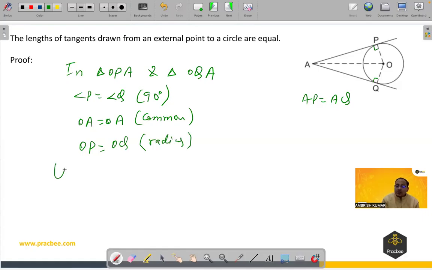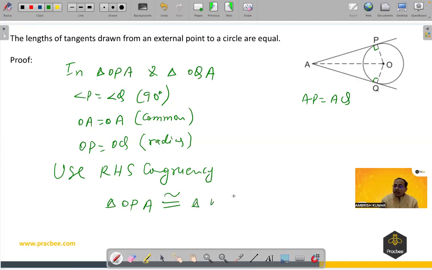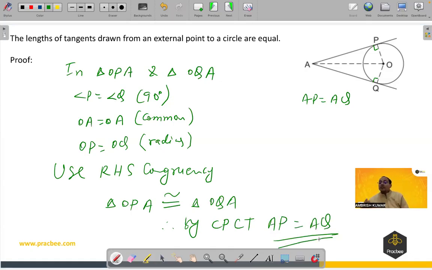So you can use here the right angle hypotenuse side congruency, and you can say triangle OPA is congruent to triangle OQA, and therefore by CPCT we can say AP equals AQ, right? So therefore the lengths of tangents from an external point to a circle are actually equal, right?